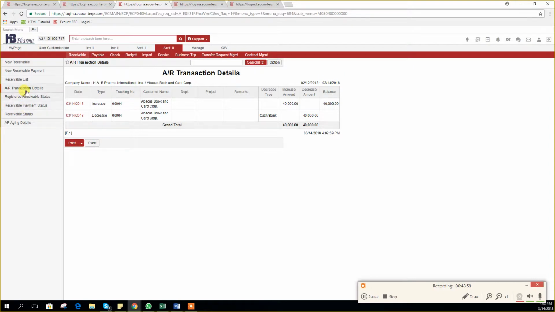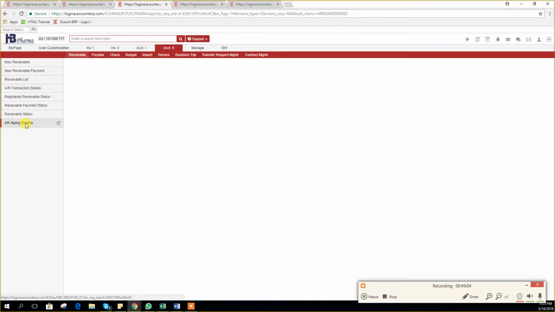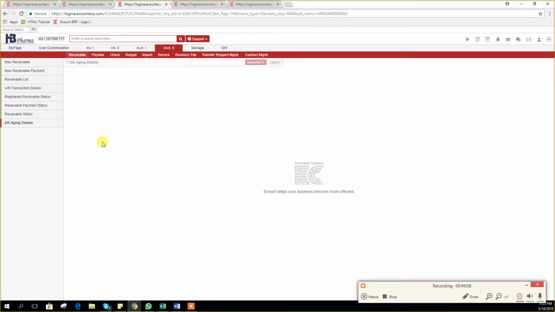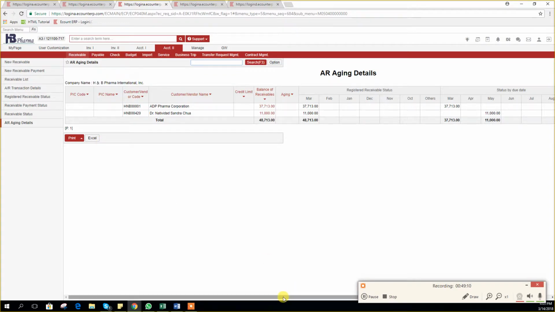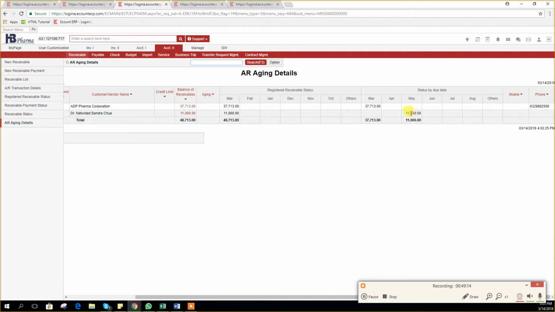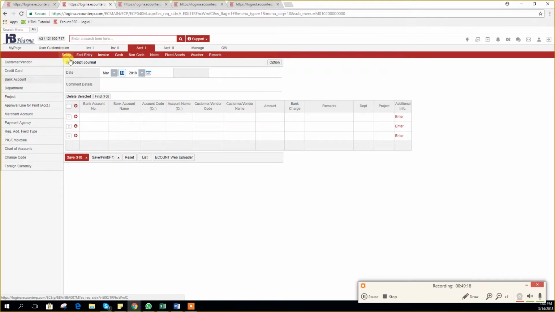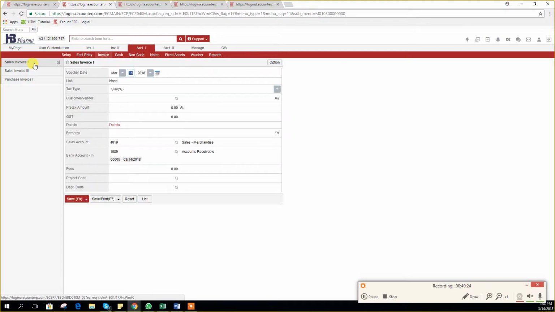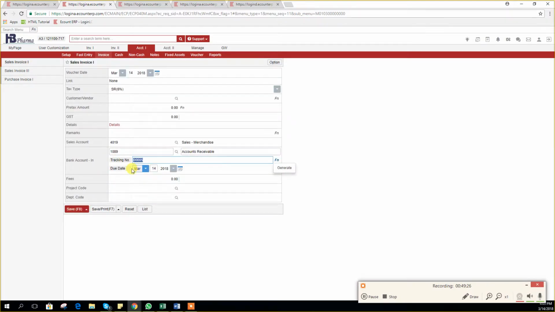So this is AR transaction details. So what about all this? This is where you go to see if there's an overdue payment or everything. All right, so the payment due date, the due date when you do this sales invoice here just now, this is the due date.